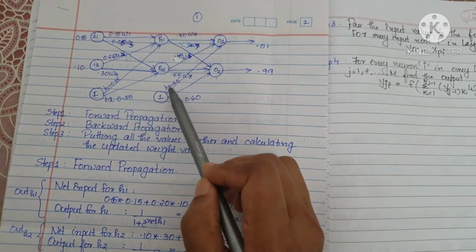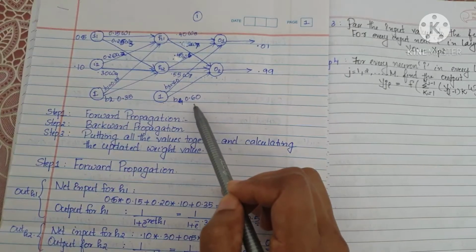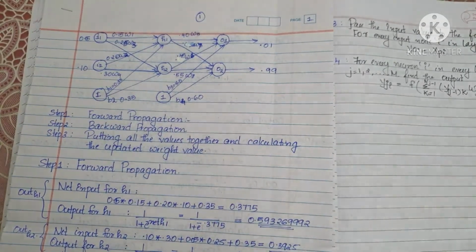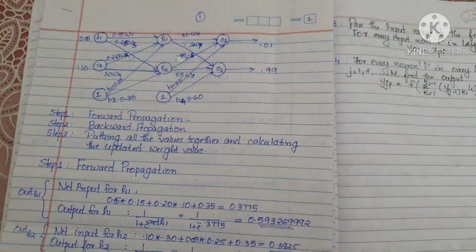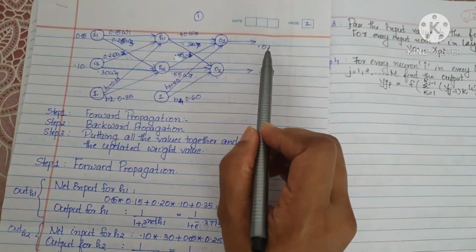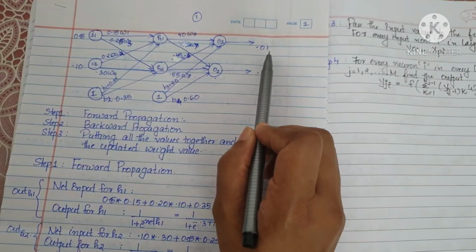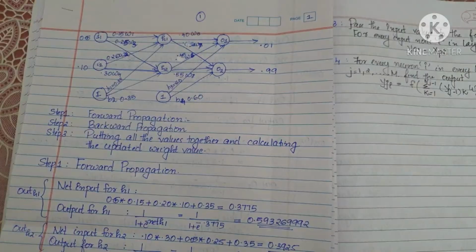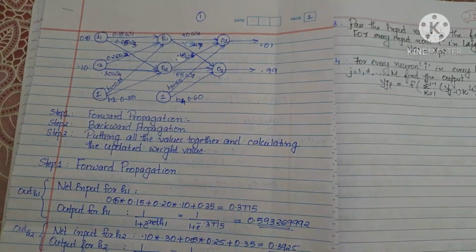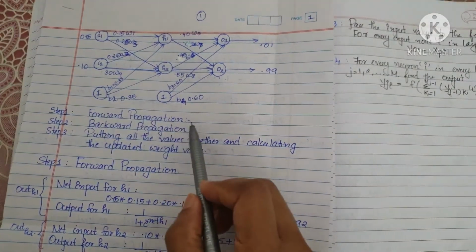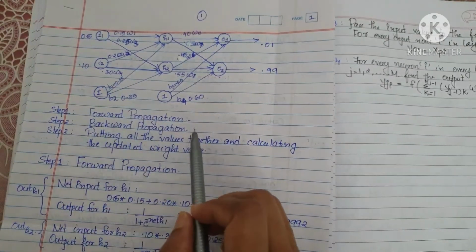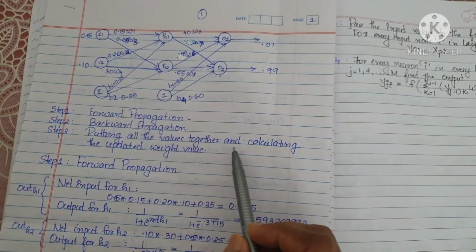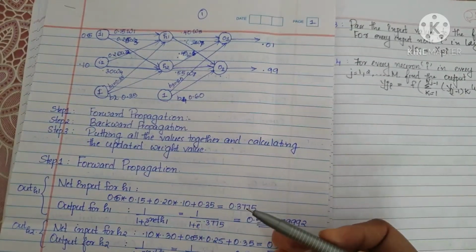Again the biases B3 and B4 are the same, 0.60, given to O1 and O2 respectively. This is our actual target value, 0.01 and 0.99. So what is our first aim? The first step is forward propagation, the second step is backward propagation, and the third step is putting all the values together and calculating the updated weights.